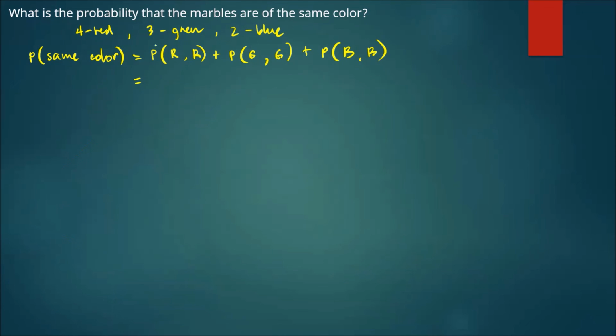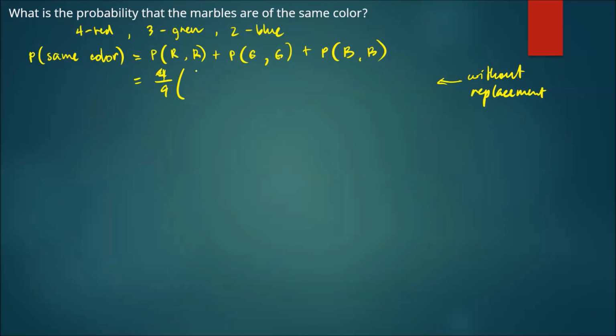So the probability that the first marble is red would be 4 over 9 times the probability that it is red. Now, since this is without replacement, for the probability of choosing another red, how many red marbles will be left for the second one?